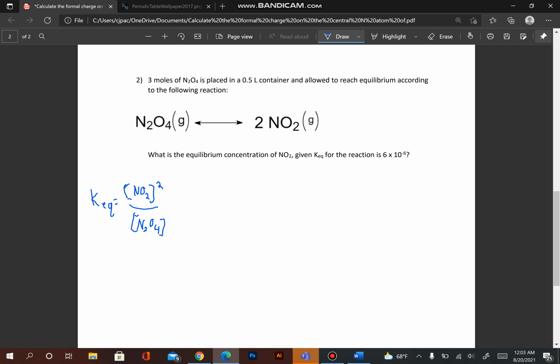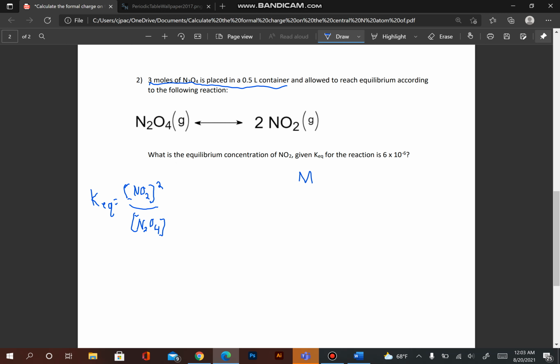So we want the starting concentration for our ultimate KEQ formula. The question provides us with 3 moles at the start of the reaction in a half liter container, and you can see that over here. So if we divide the moles by the liters, we get the concentration.